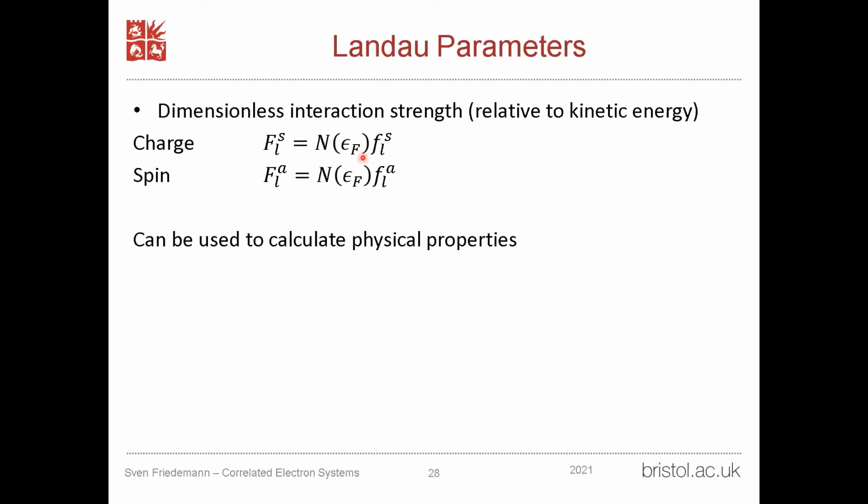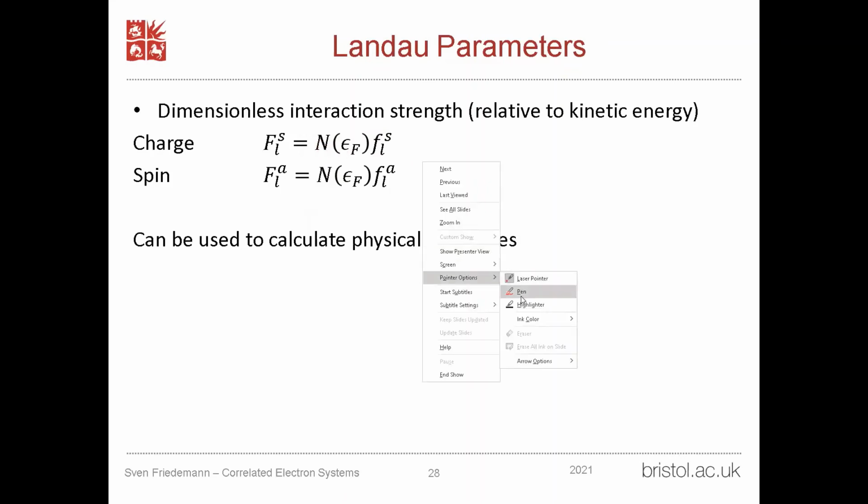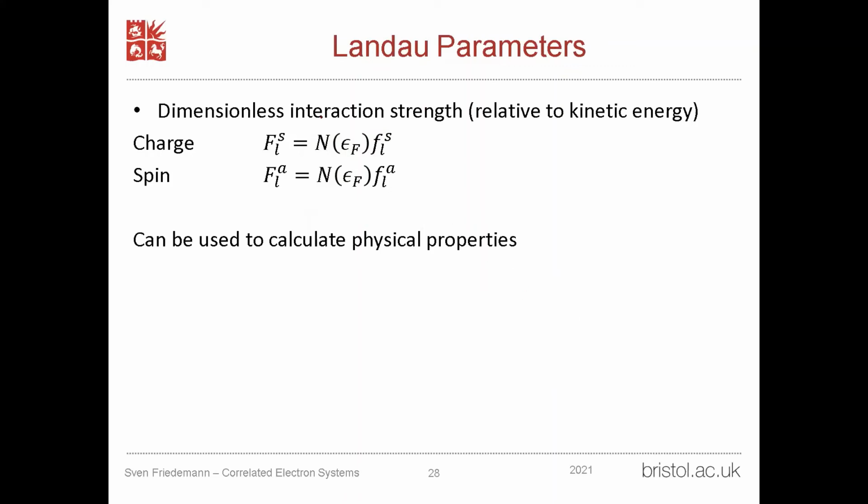If you multiply them with the density of states, sorry, that should be G, not N in the way I've written it so far, then density of states times these Legendre coefficients is equal to these interaction strengths, and they still carry a symmetric or antisymmetric characteristic, and they will carry an orbital momentum number L.